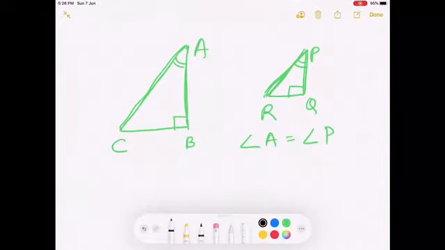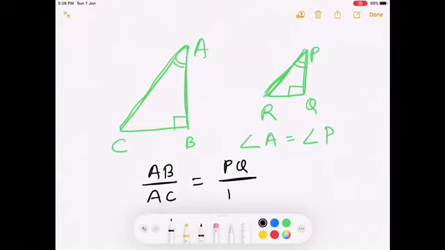For these two triangles, if I write the ratio of AB upon AC, it will be equal to PQ upon PR, and that will also be equal to the ratio of the third sides. I have written here AB upon AC and PQ upon PR. If I write any other ratio of corresponding sides, it will also be equal.